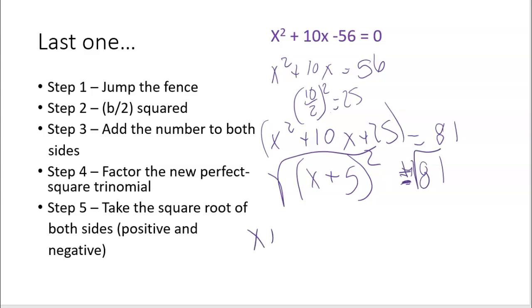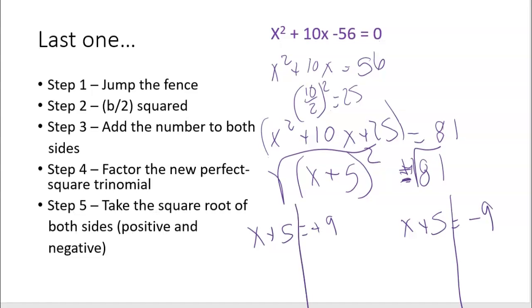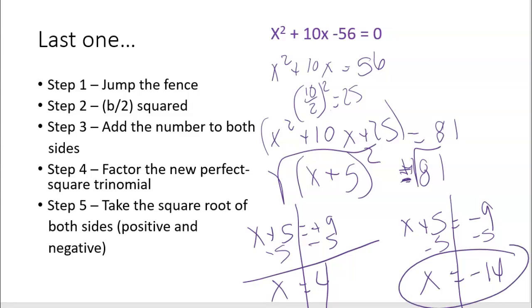Okay, x plus 5 equals, what's the square root of 81? It's 9. Positive 9. X plus 5 equals negative 9. Minus 5, x equals 4. Minus 5, x equals negative 14.